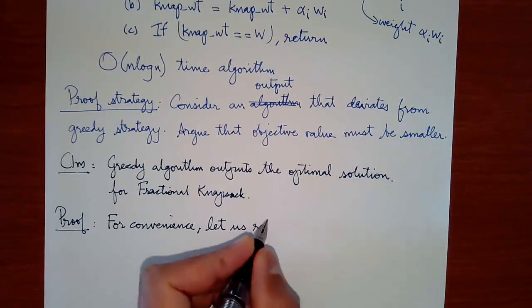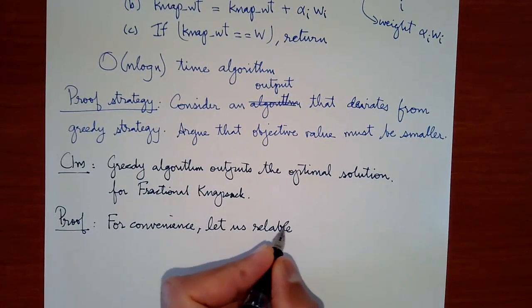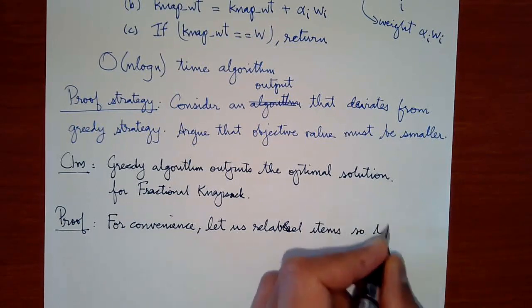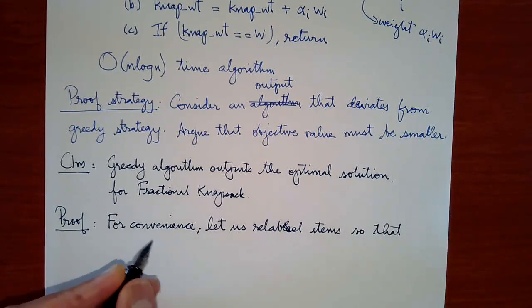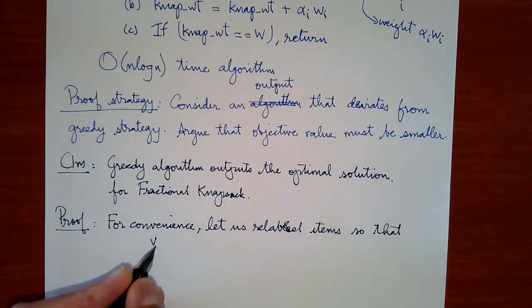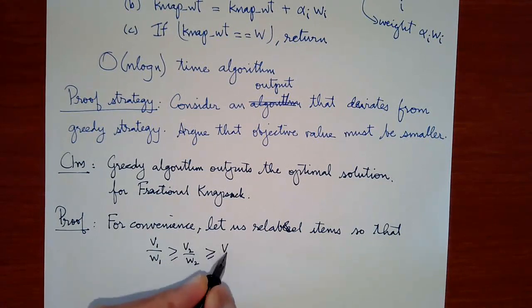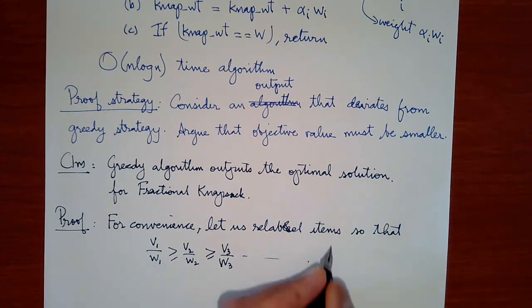Let us relabel the items so that V1 by W1 is greater than or equal to V2 by W2, V3 by W3, and so on and so forth.